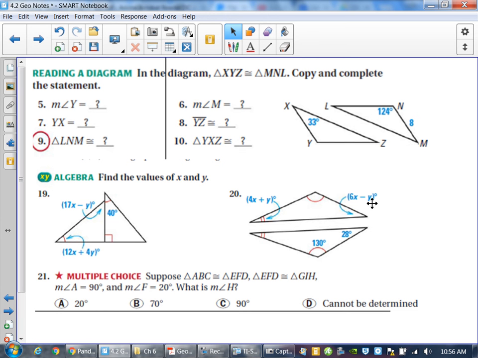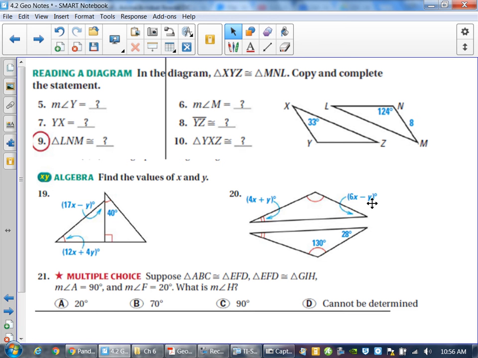Now, that first equation, 12, 4, and 40, what are all three of those divisible by? 4. So if I take out the GCF here, if I divide all those by 4, I get 3x plus y equals 10. Notice now, the y's have opposite signs, and they have the same coefficient of 1.